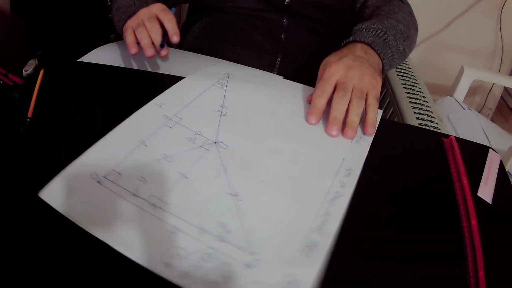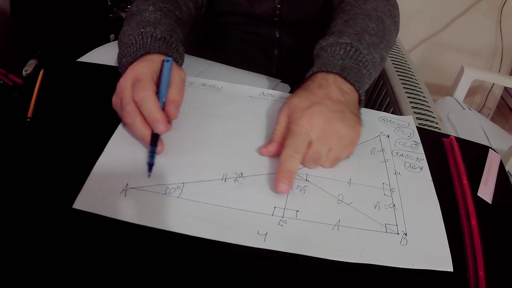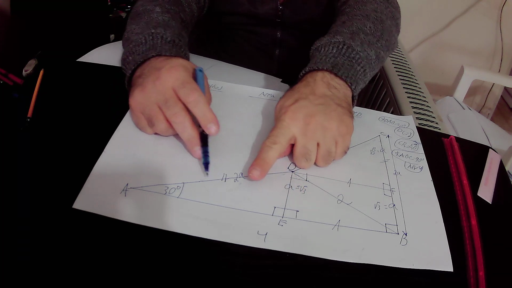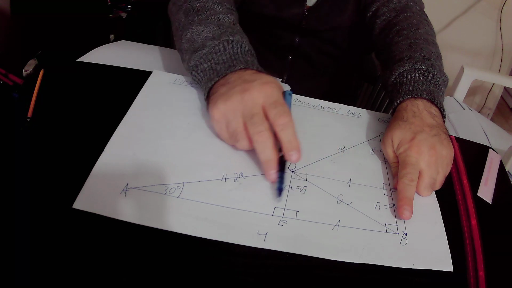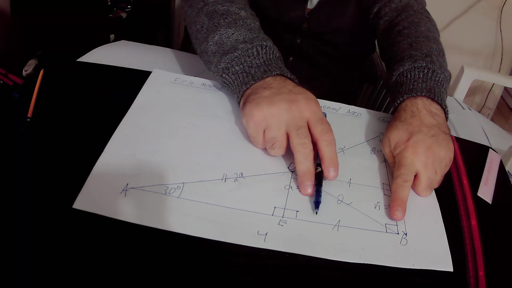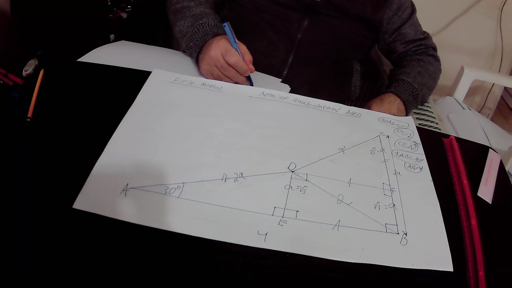And what is the length of line segment AE? The length of line segment AE equals AB minus EB.